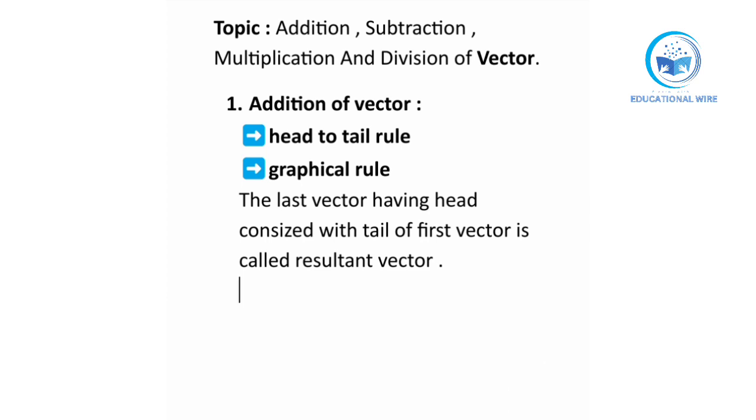So I will tell you. Like this is the first vector, its head joined with the tail of the second vector, its head joined with the tail of the third vector, and then the fourth vector's tail joined with the head of the third vector, and so on. In the last vector, the head coincides with the tail of the first vector, and it is called the resultant vector of addition.